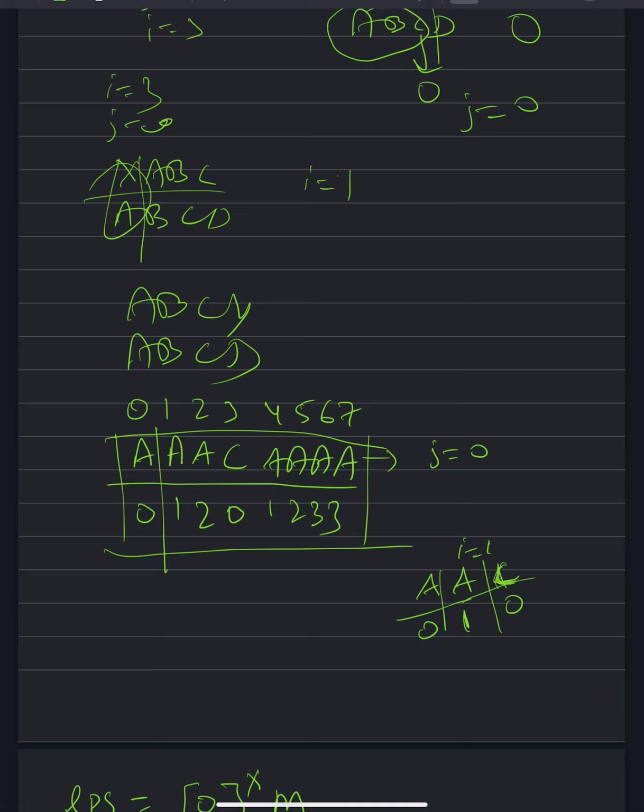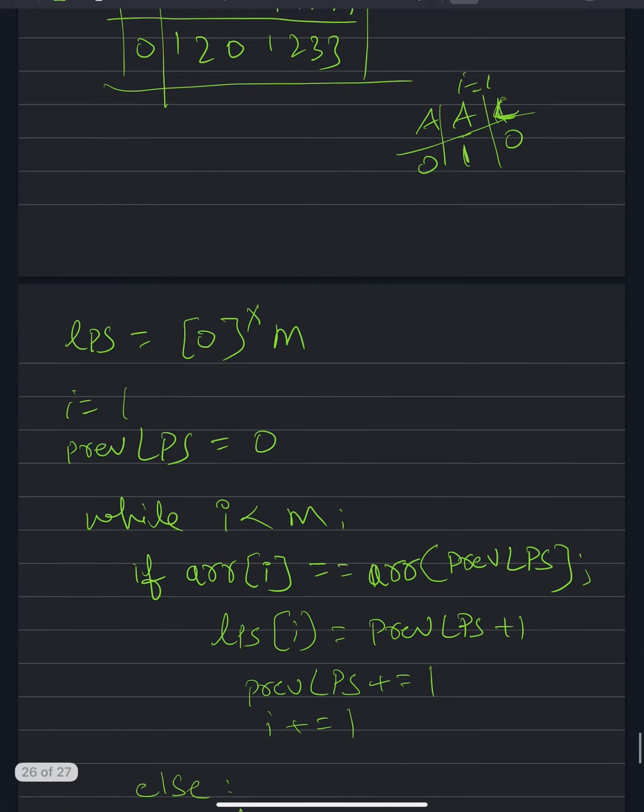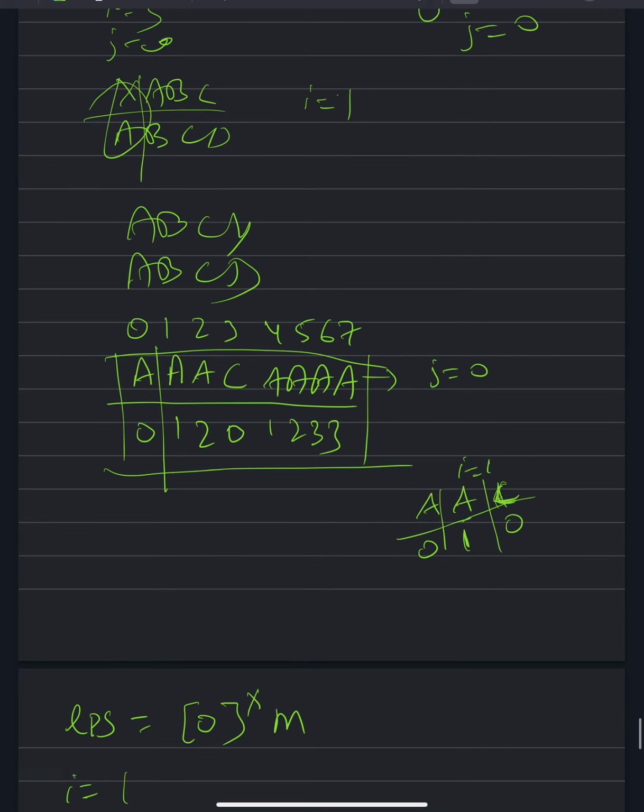We were at 3 and it is not matching. This one is not matching, so now we need to go ahead. We checked if it's possible to make it 3. It is not possible.